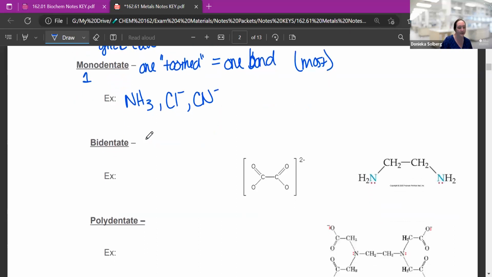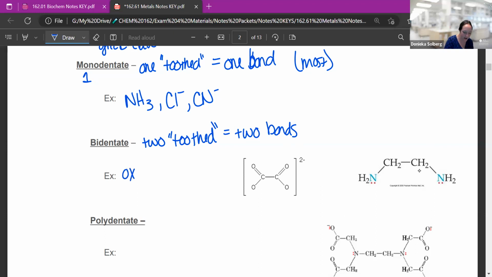Okay, so bidentate would mean two-toothed. That means each of these ligands actually needs two bonds to that central metal. So these are two examples of ones that need to grab on with two teeth.